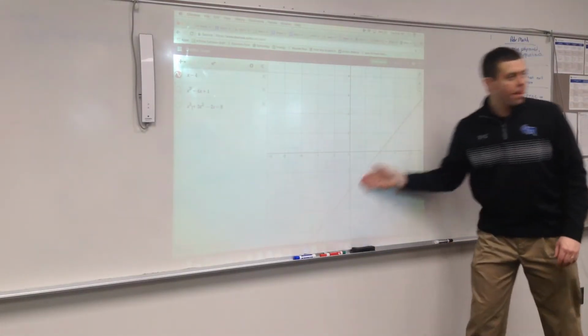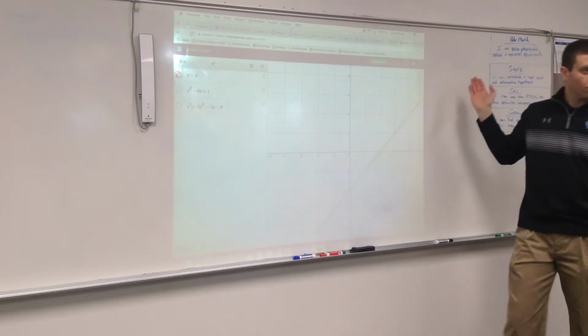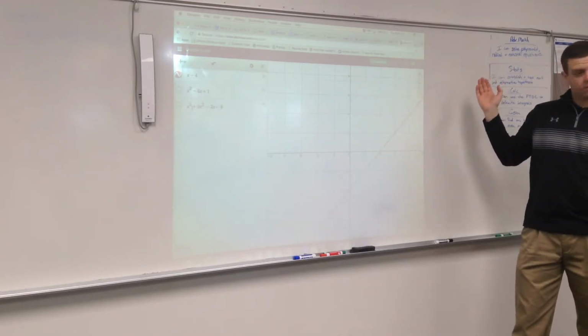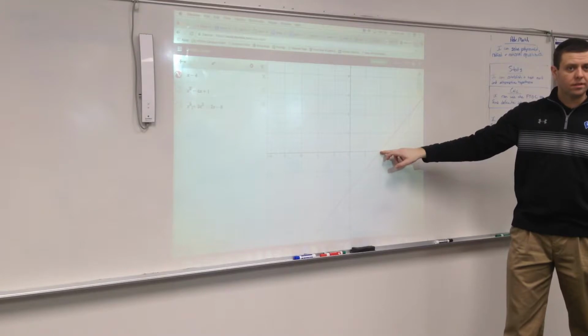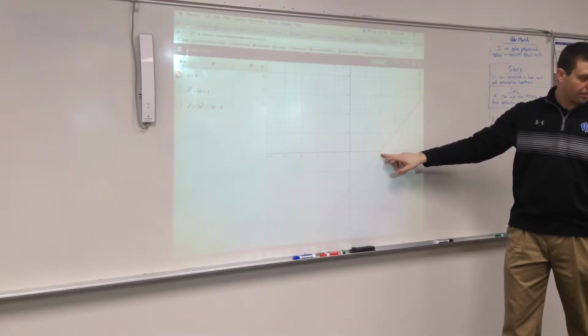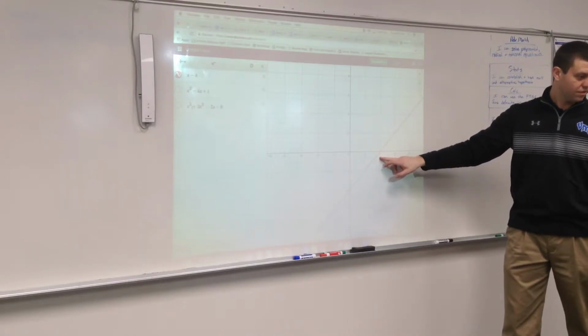Where does it cross the x-axis? At 4. So therefore we can call 4 the x-intercept. We can call 4 the root. We can call 4 the solution. We can call 4 the 0. All those things mean the same thing.